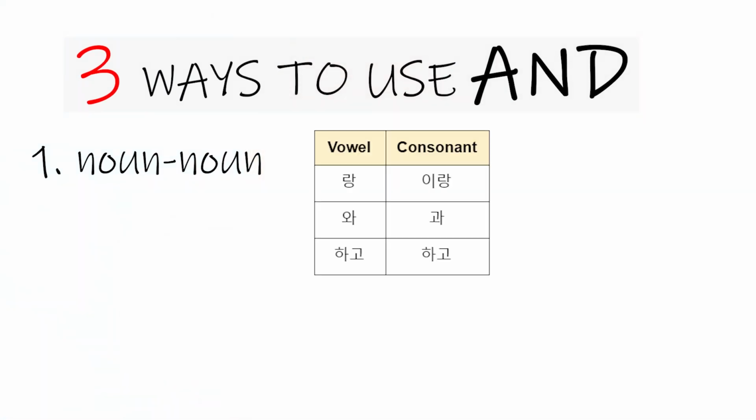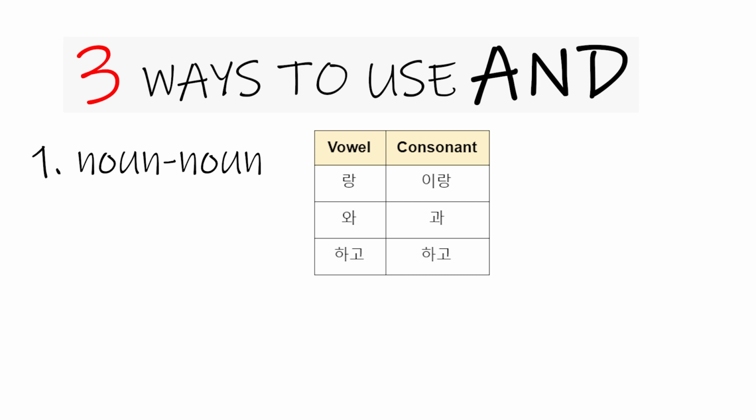So let's recap what we studied today. We have 3 different categories to use the and conjunction. First one is when you're connecting a noun to noun. You have to pay attention to whether the noun ends with a vowel or a consonant. If it ends with a vowel, you're gonna use 랑, 와, and 하고.